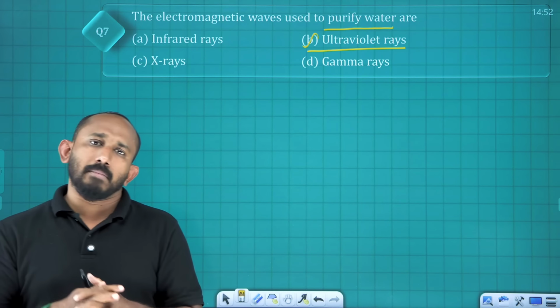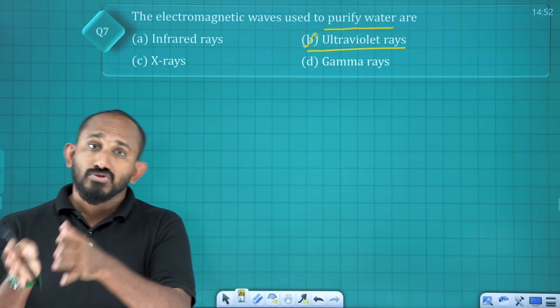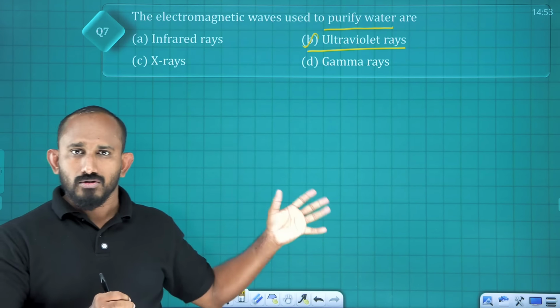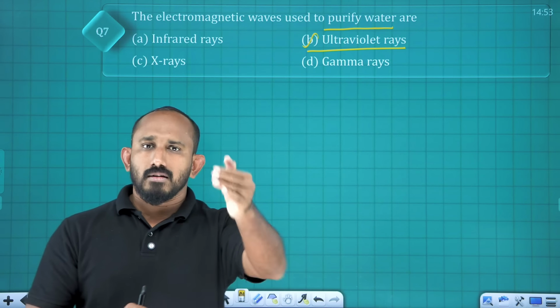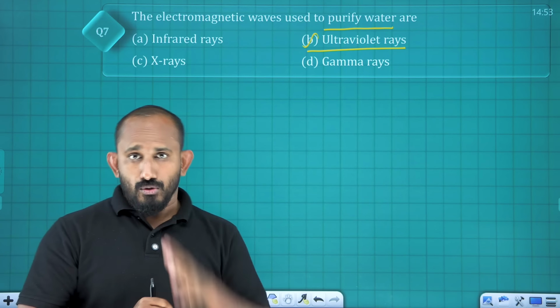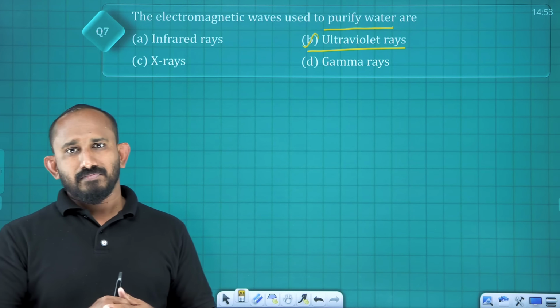So for medical diagnosis as well as medical treatment, gamma rays can be used. Those are the different uses. Like that, for the other electromagnetic waves also, you should go through the uses. It is important, a 1 mark question you can score.